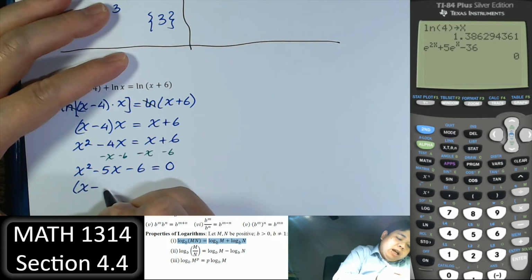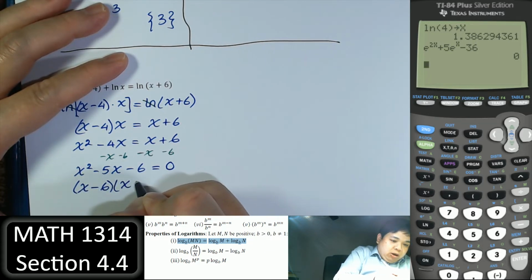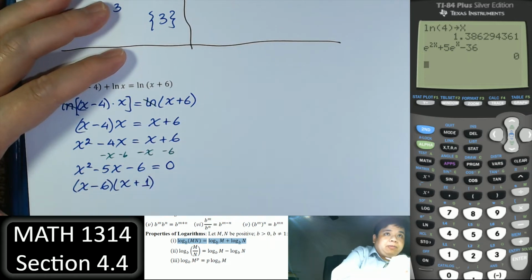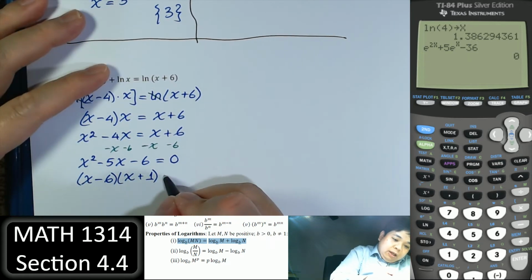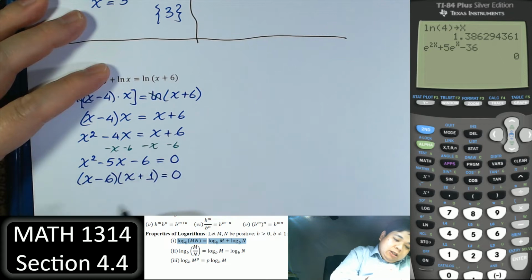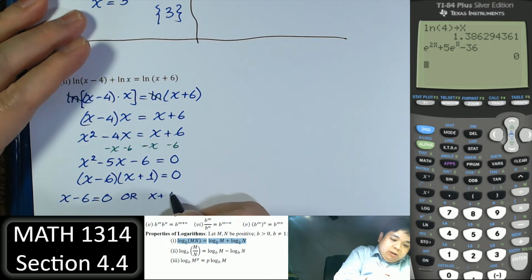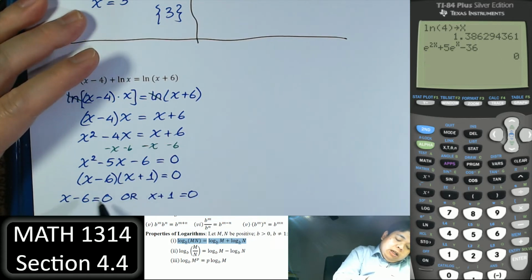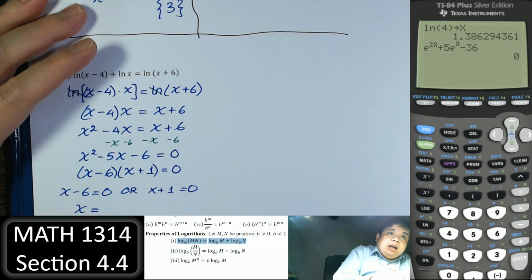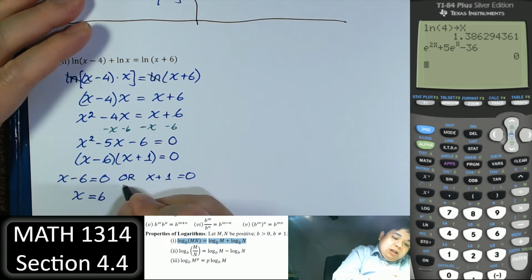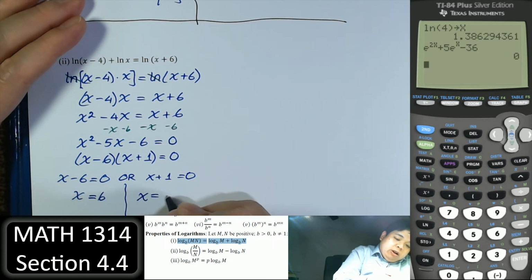So it must be x minus 6 and x plus 1 equals 0. So x minus 6 equals 0, or x plus 1 equals 0. So here we have x equals 6 or x equals negative 1.